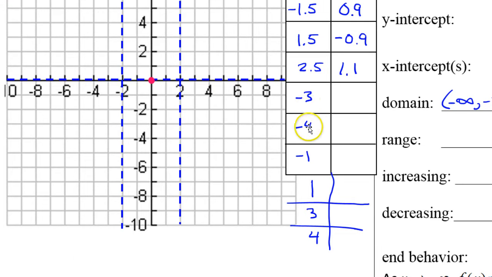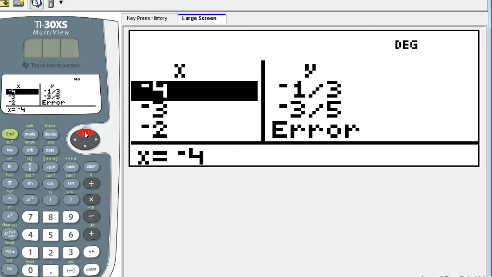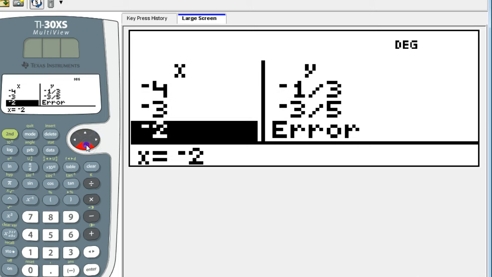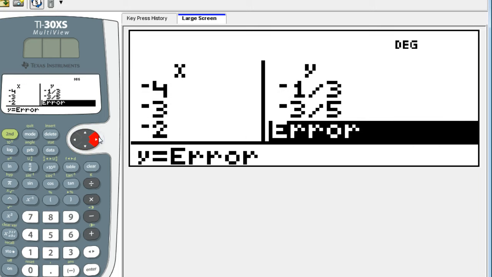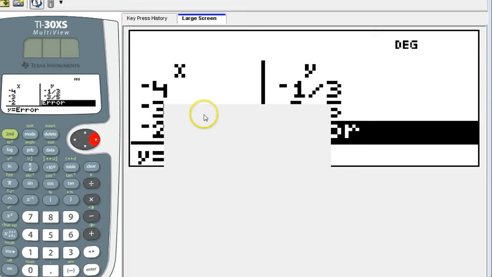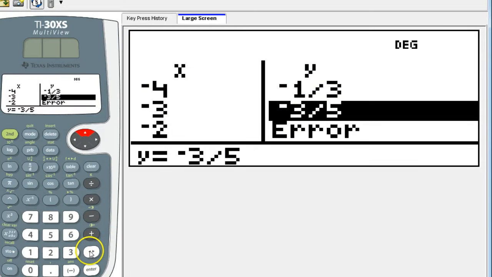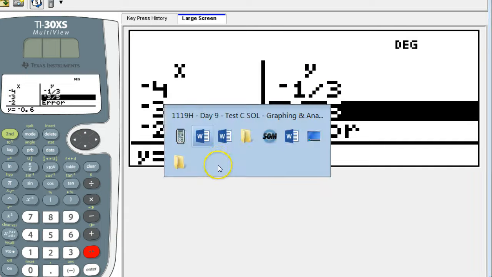I'm at -3, -4 and such. At -4 I've got -1/3, and I know that -1/3 is basically -0.3. -3/5 is -0.6.